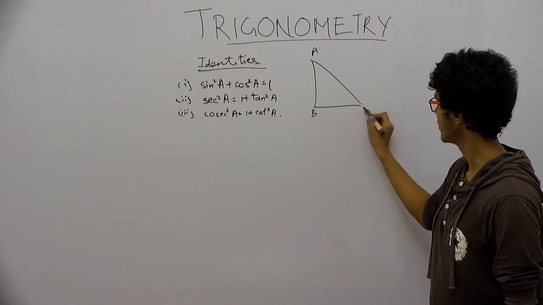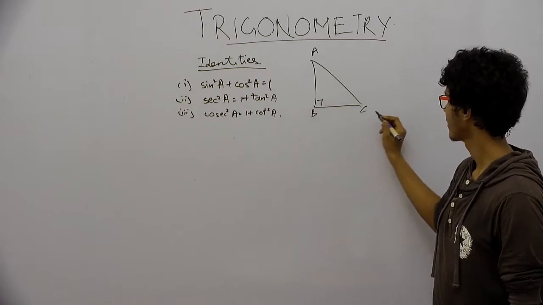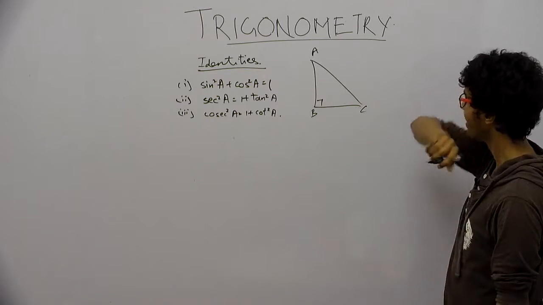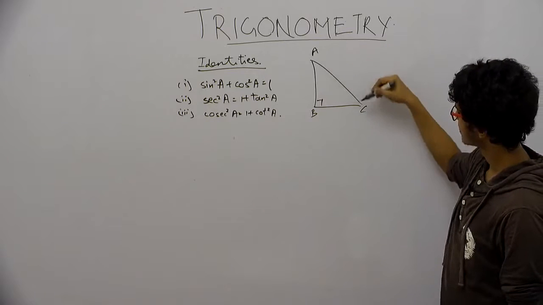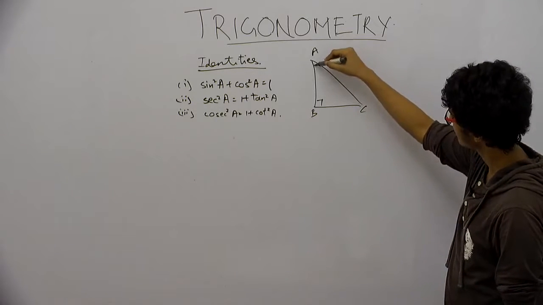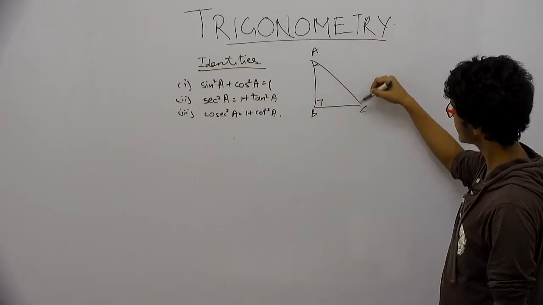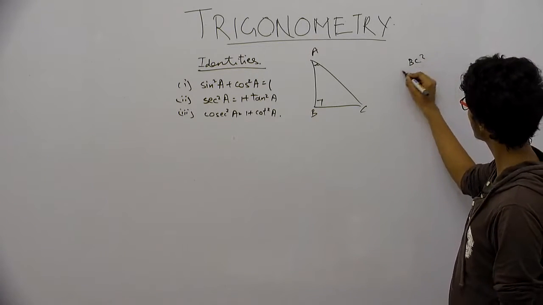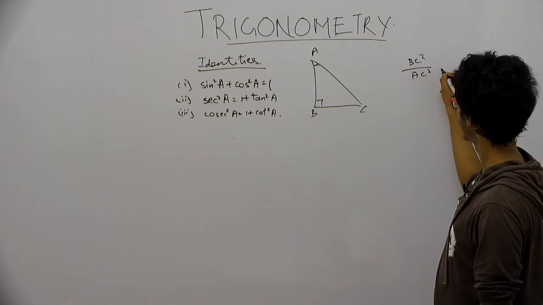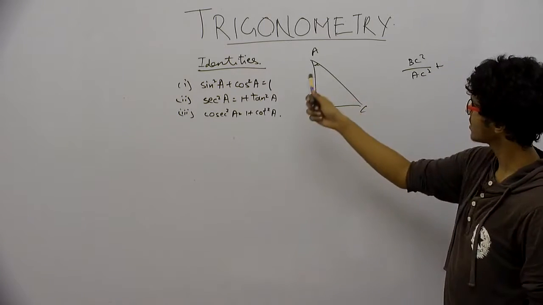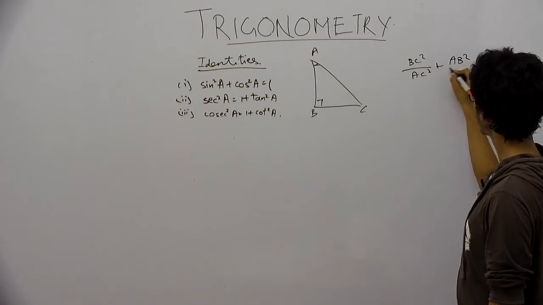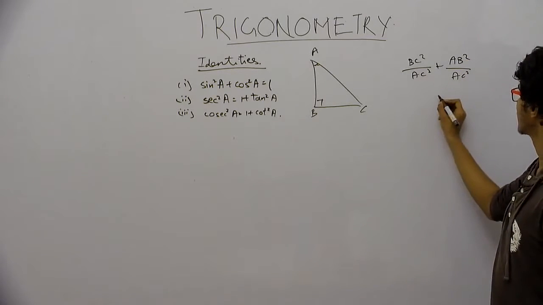A, B, C. Okay. So we know that, suppose sine A is BC by AC. So sine square A is BC square divided by AC square, and cos A is AB by AC. So cos square A is AB square divided by AC square.